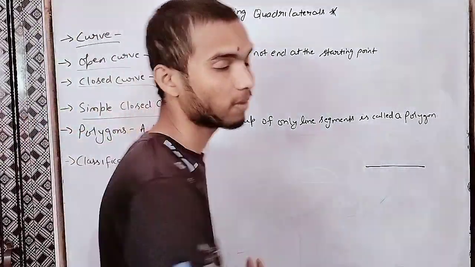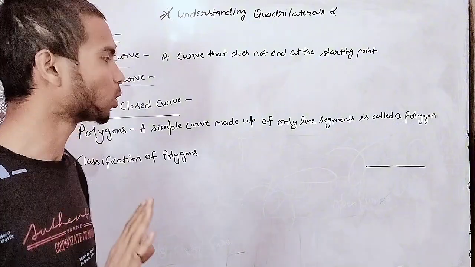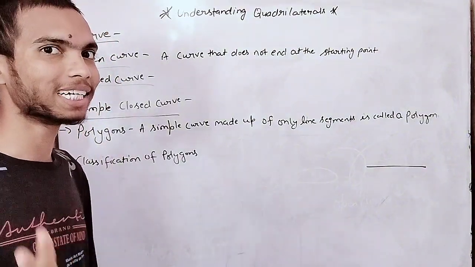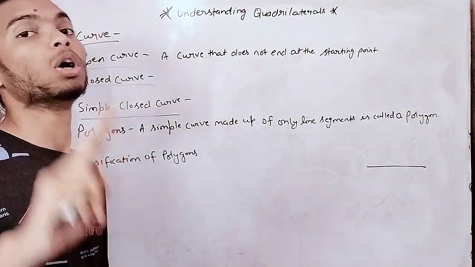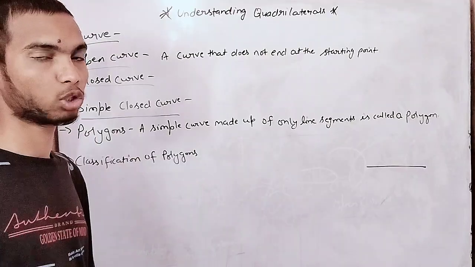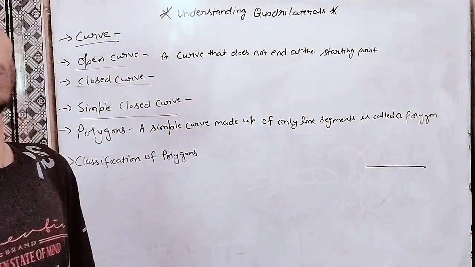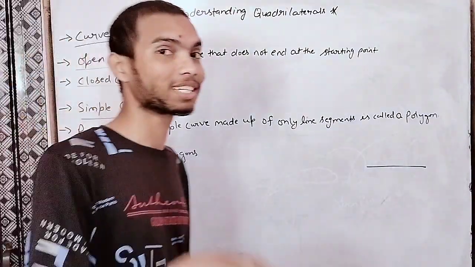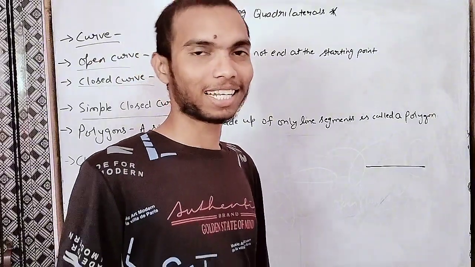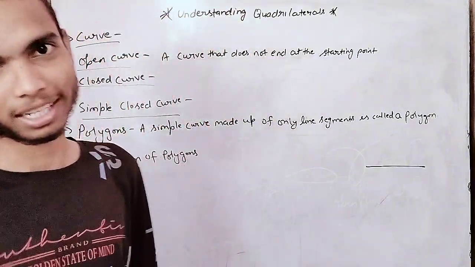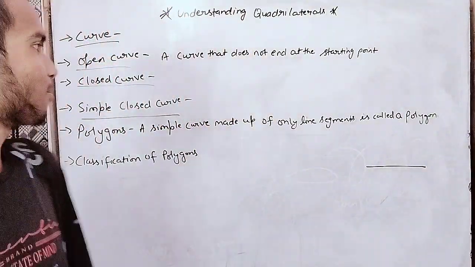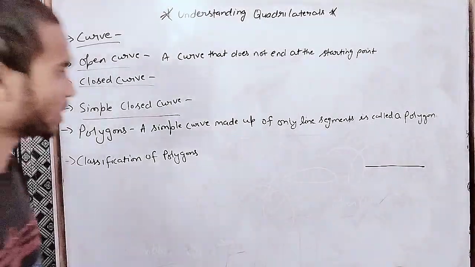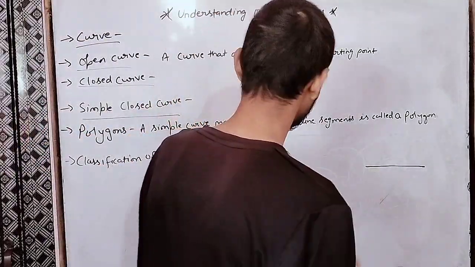Also remember, one line segment will not create a polygon, and two line segments will not create a polygon. But when it comes to three line segments, then of course they will create a polygon.